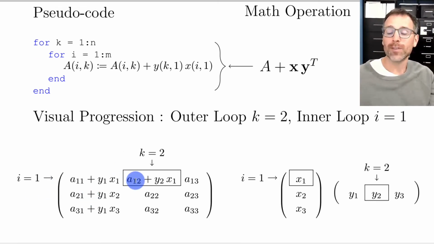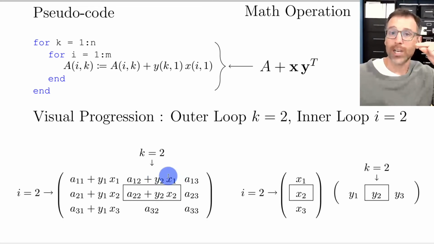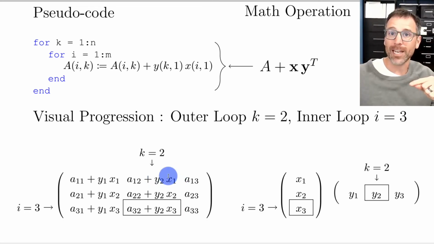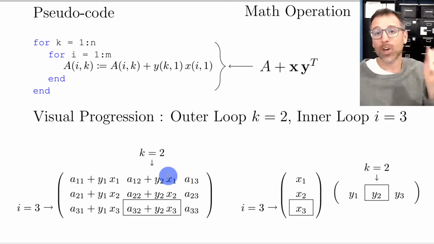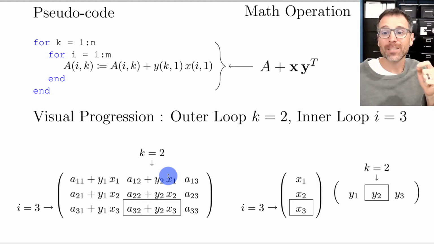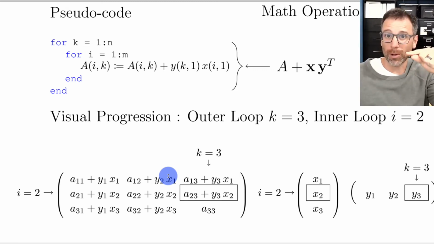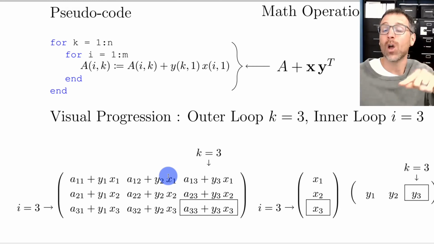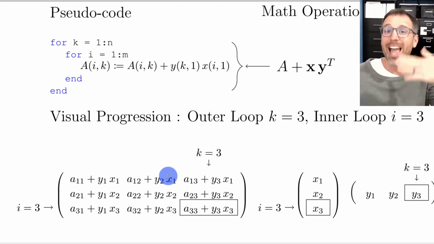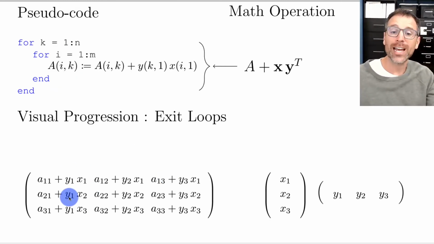We take the previous value, add that to y2 times x1, y2 times x2, y2 times x3. Now we increment our outer loop index, and we go down to the third column. We add the previous value to y3 times x1, take the one below that, y3 times x2, y3 times x3, and when we exit our loops, A now stores the rank 1 update that we desire.